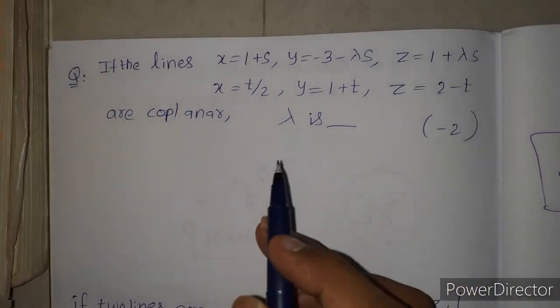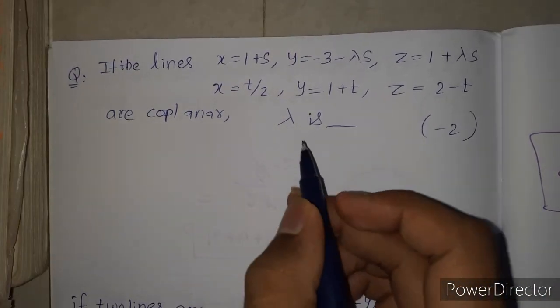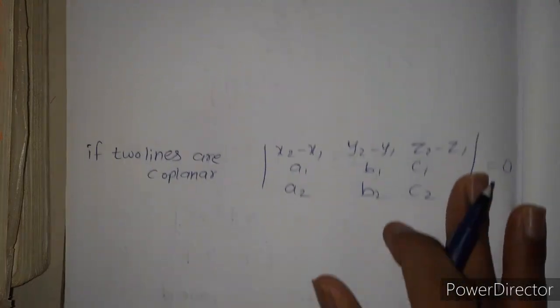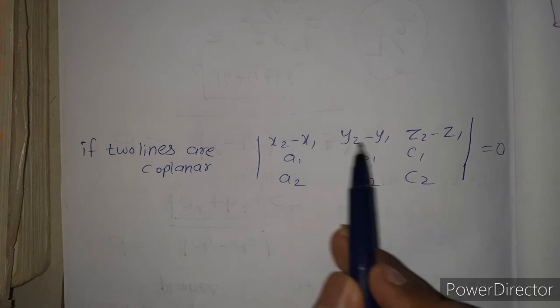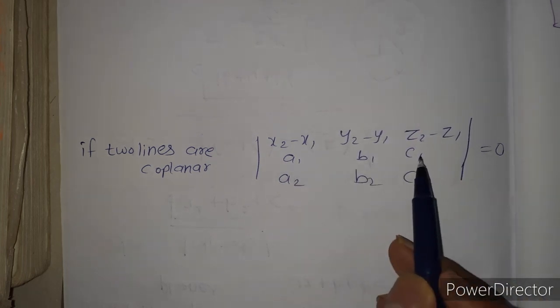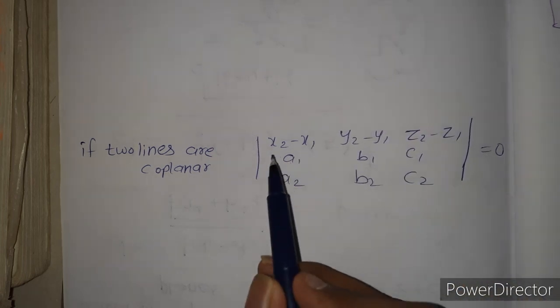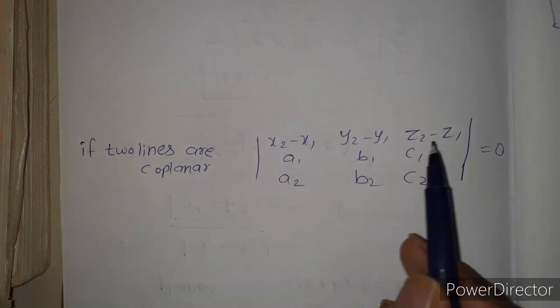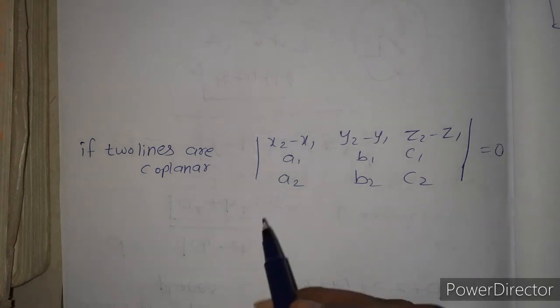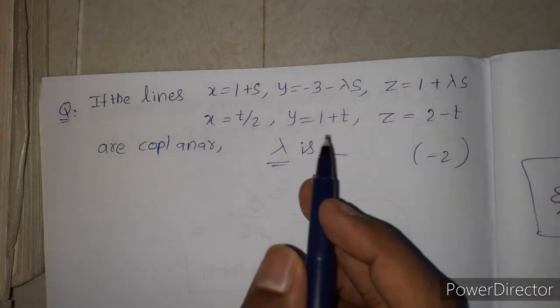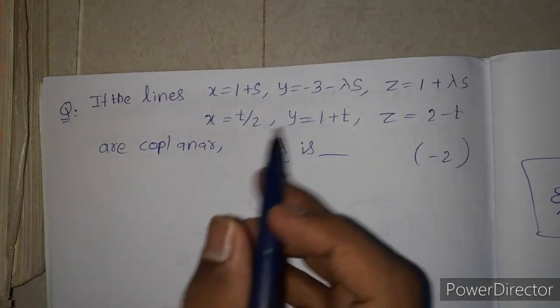Given two lines are coplanar and we need to find the lambda, we know that if two lines are coplanar, with one line passing through x1 y1 z1 with a1 b1 c1 direction ratios, and second line passing through x2 y2 z2 with direction ratios a2 b2 c2, then this determinant must be equal to 0. And in the given problem we need to find the points and direction ratios.